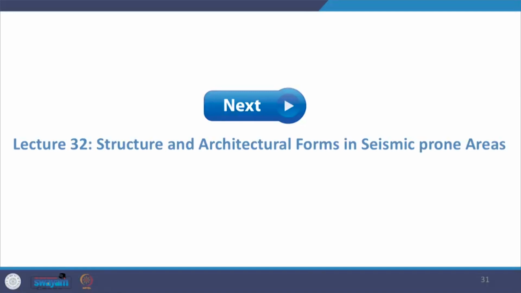With that I conclude this lecture, and we will continue with the next topic, which is structure and architecture form in seismic areas, where the earthquake will be taken as the parameter: what the effects of the earthquake are, and how we can make our structure earthquake resistant, for a normal low height structure as well as tall buildings.